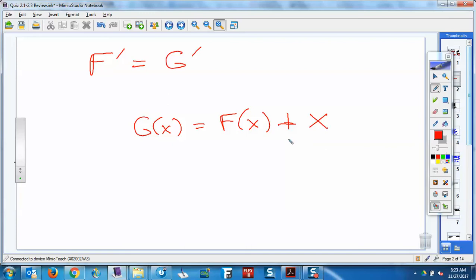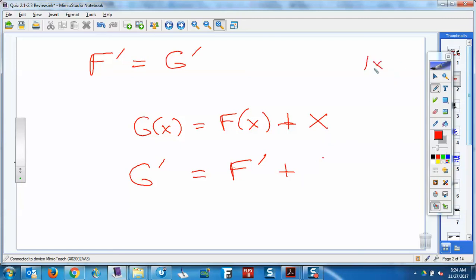How about this? How about if I take this and just do the derivative of both sides? What's the derivative of big G? Or little g, but we're using the prime, so we'll just call it big G. What's the derivative of this side? Big F prime. What's the derivative of x?